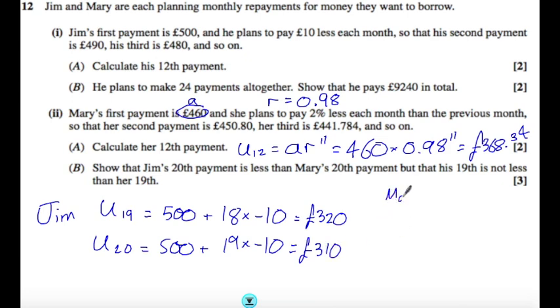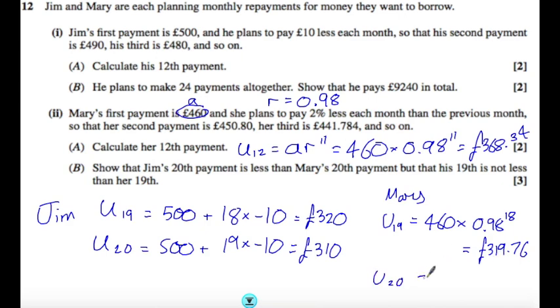So for Mary, her 19th term is going to be 460 times by 0.98 to the 18, which is £319.76. So we can see Jim's 19th payment is higher than her 19th. And her 20th is going to be 460 times 0.98 to the 19, which is £313.37, which then goes above Jim's.